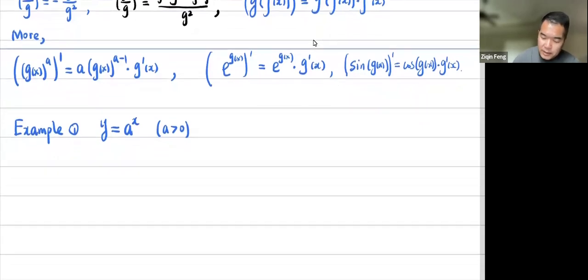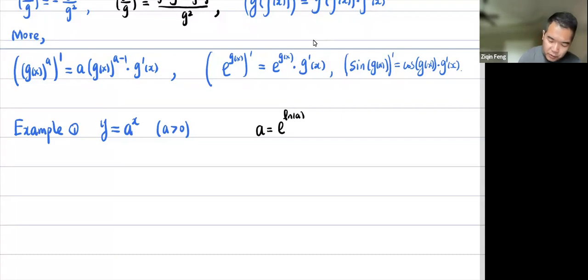Recall that a is e to the power natural log of a. Let's try to make a connection with our number e, because we do know how to differentiate the exponential function e to the x.